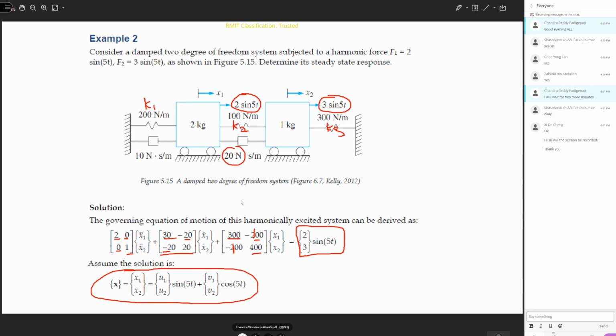I think we have done all the assignment questions, right? Yes, I know Azhar has reminded that we have not done the last question.